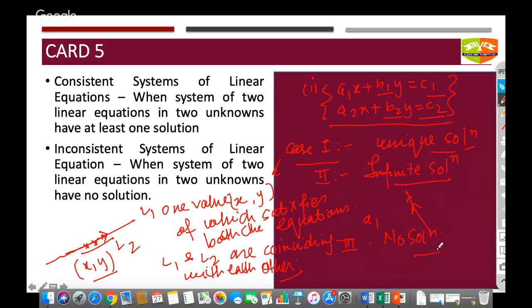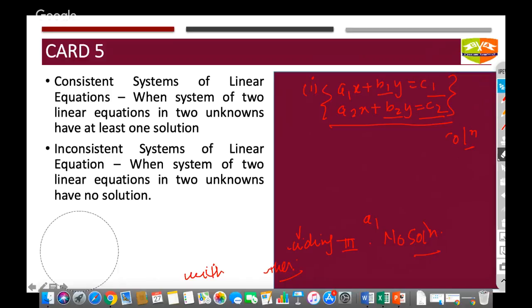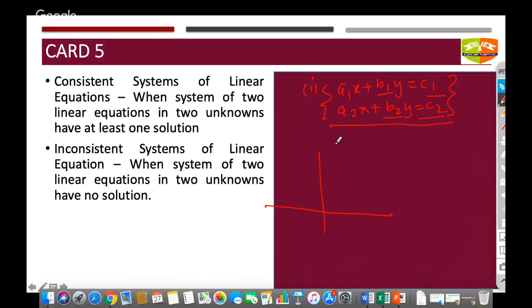Two linear equations, these are linear equations. If you have a little bit of idea about coordinate geometry, just for the sake of understanding, I'll be discussing it, not from the perspective of your exam. The equation of a line is given by a1x plus b1y plus c1 is equal to 0. So any linear equation represents in coordinate geometry a line, something like this, for example.